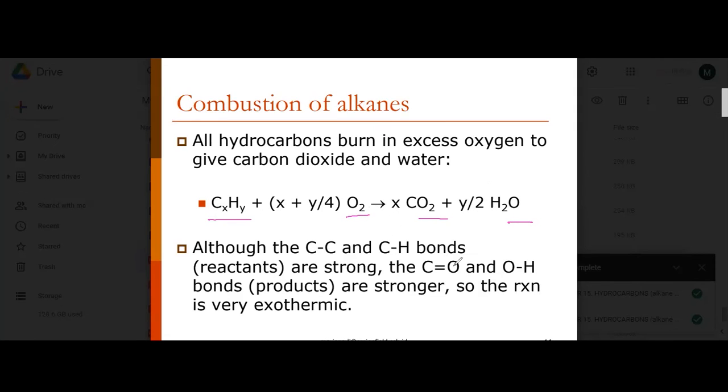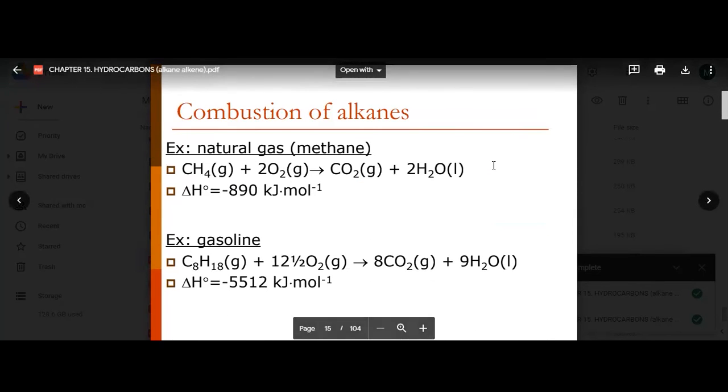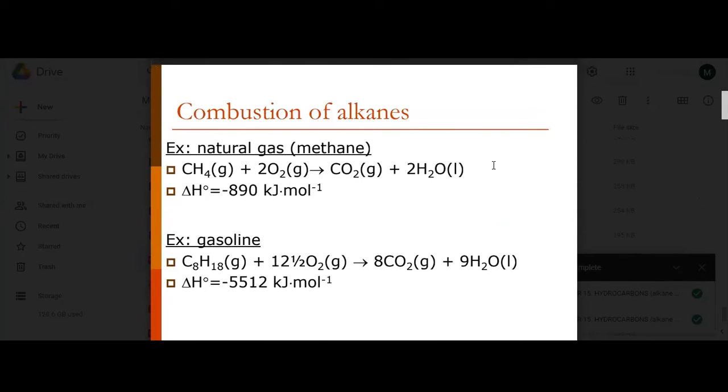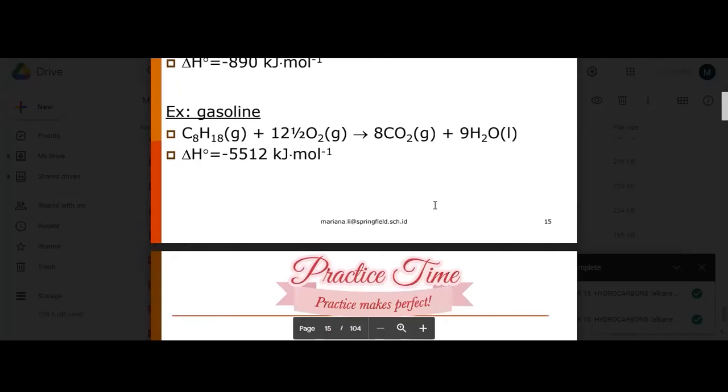If it occurs in excess oxygen, the complete combustion occurs. This is the energy released by combustion of methane, negative 890, while gasoline, octane, is negative 5,500 something. So very large energy release.